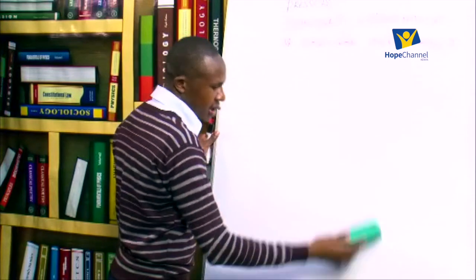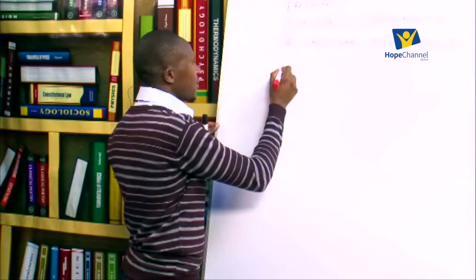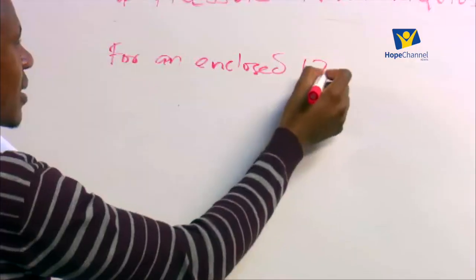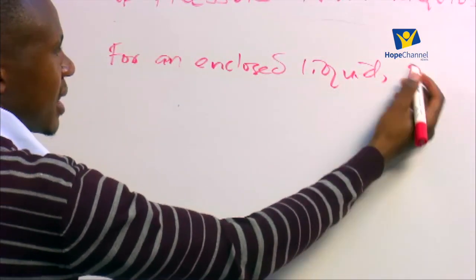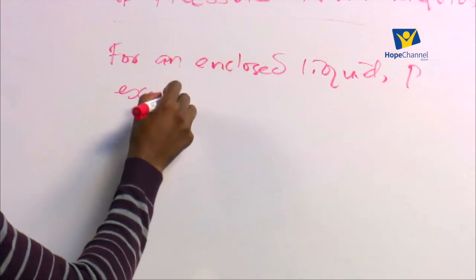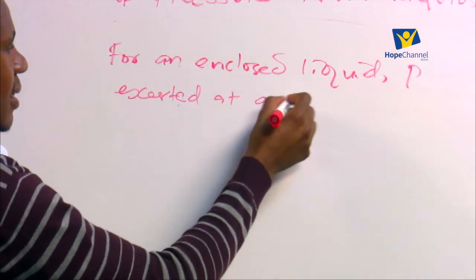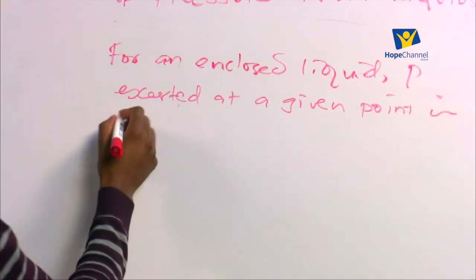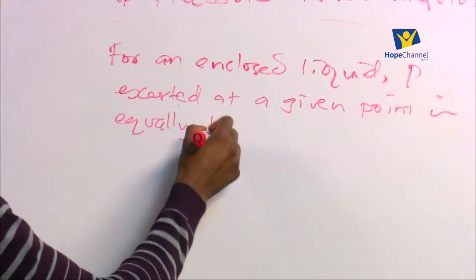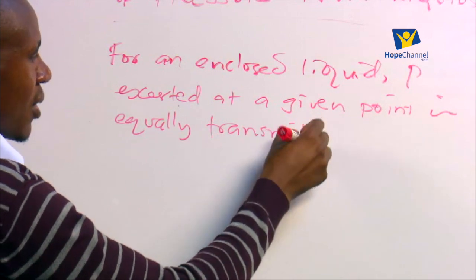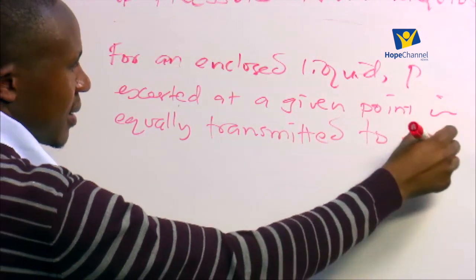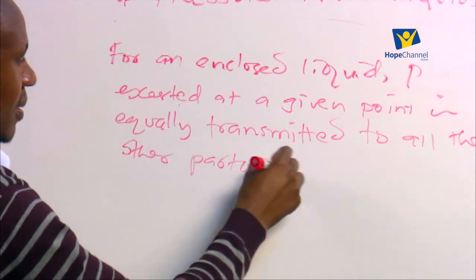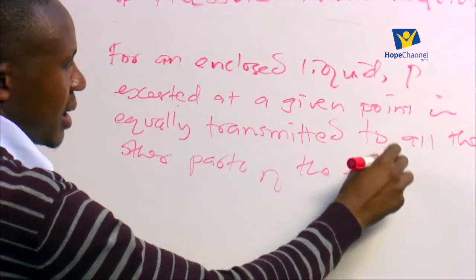For an enclosed liquid, the pressure exerted at a given point is equally transmitted to all the other parts of the enclosed liquid.